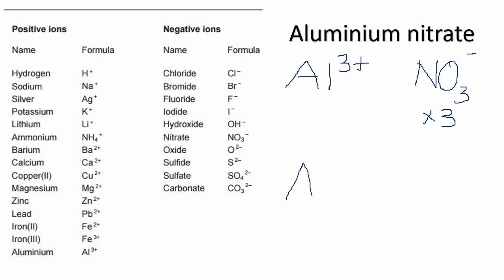And therefore our formula will be Al(NO3)3. And what that means is everything inside the brackets is timesed by 3, so there are 3 nitrogens and 9 oxygens and 1 aluminium.